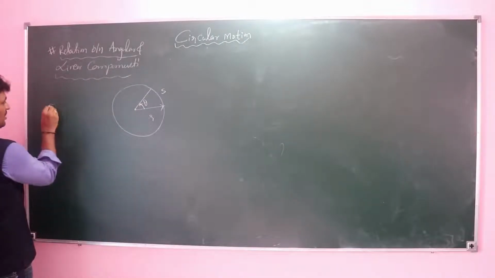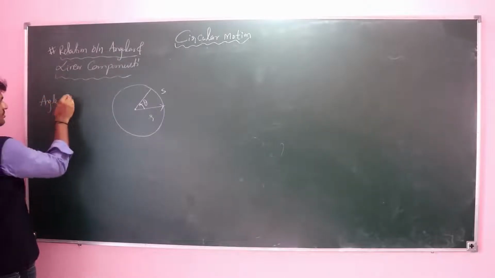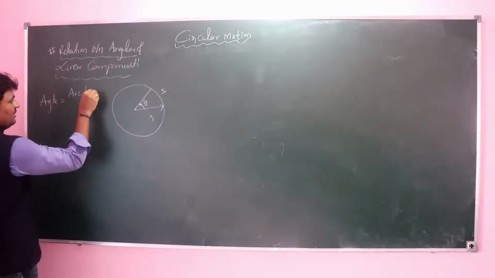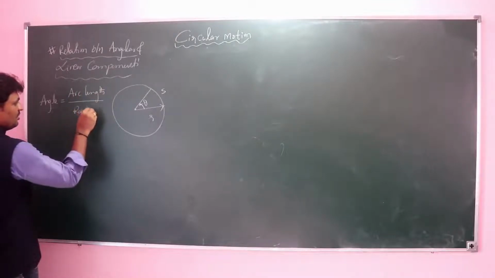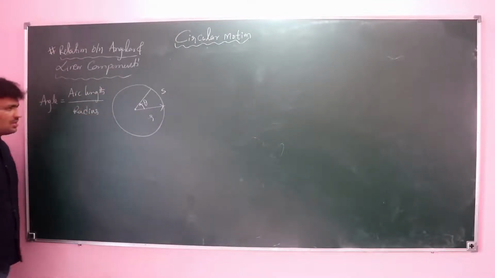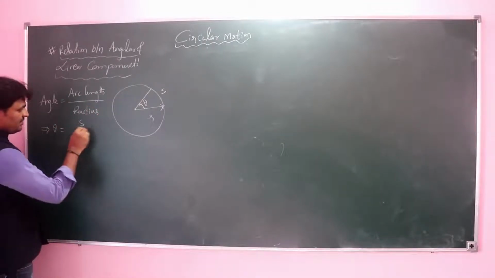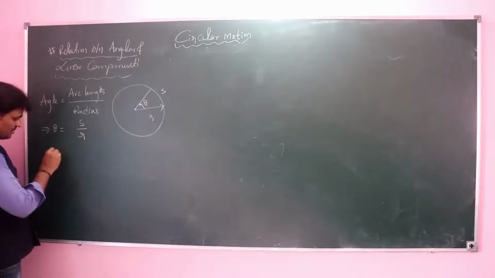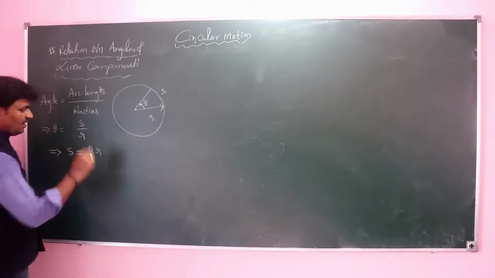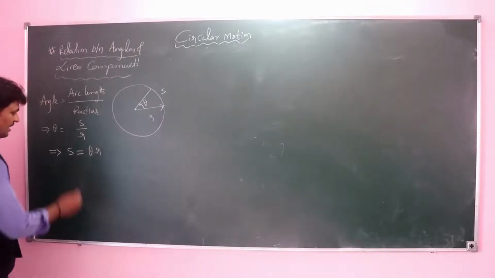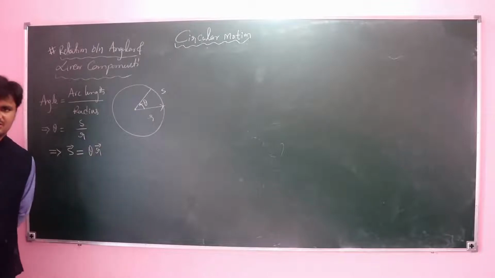Now applying the formula of angle: angle is equal to arc length upon radius, theta equals s upon r. So s is equal to theta r. This is linear displacement equal to angular displacement into radius.